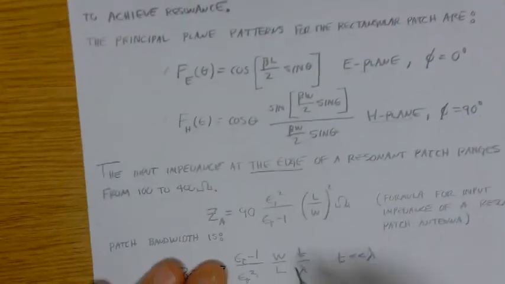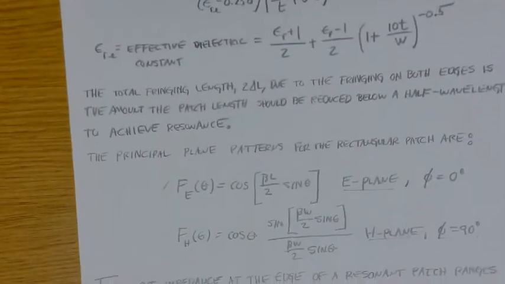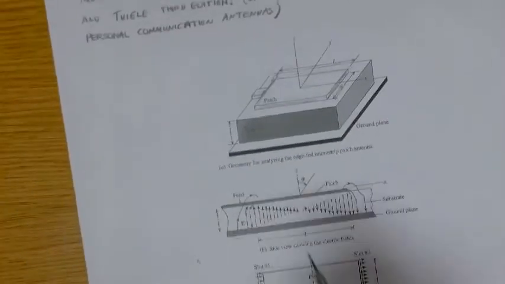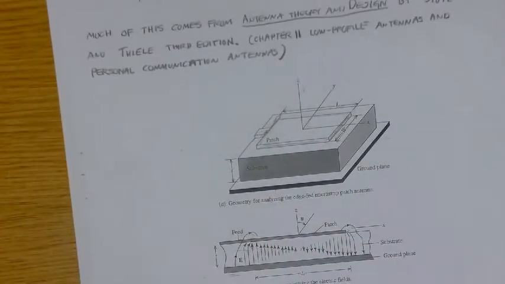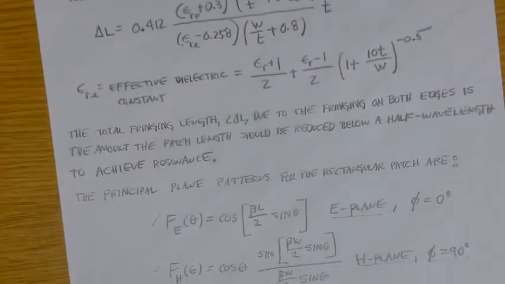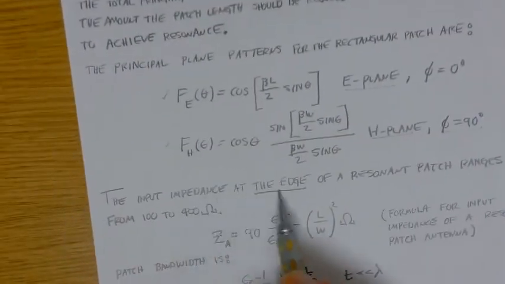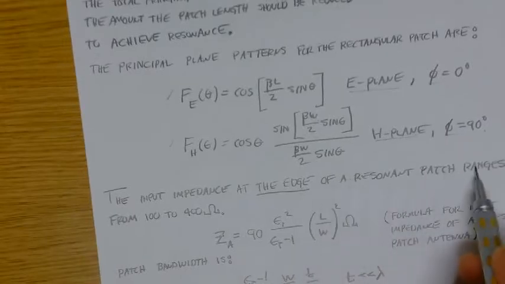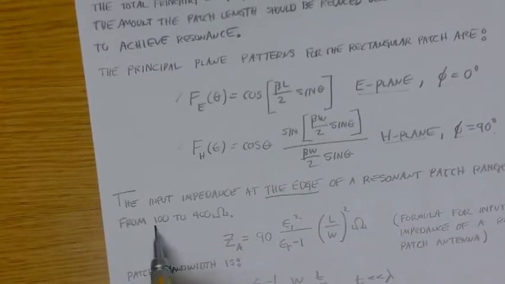Okay, what else is of importance? Well, we're going to want to know what the input impedance is looking into the patch. So the input impedance at the edge of a resonant patch ranges somewhere between 100 and 400 ohms, typically.